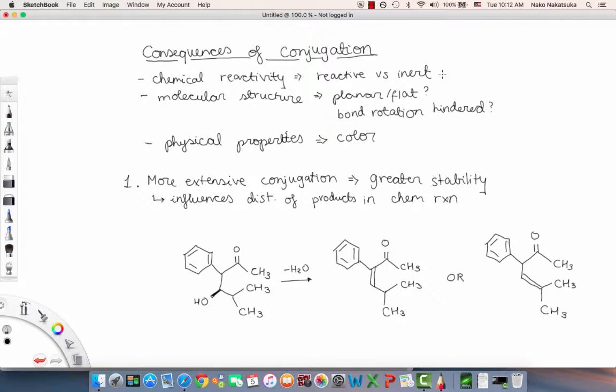So this kind of covers this first point that we talked about. And also remember, this involves the equilibrium constant. And so for the reaction products, if you increase the stability, more of that product will be produced.